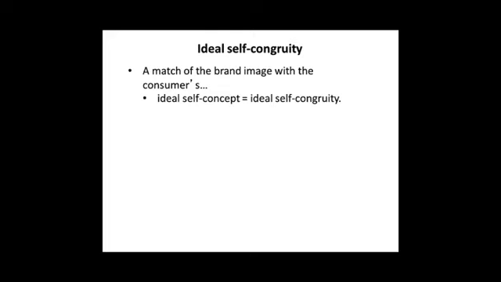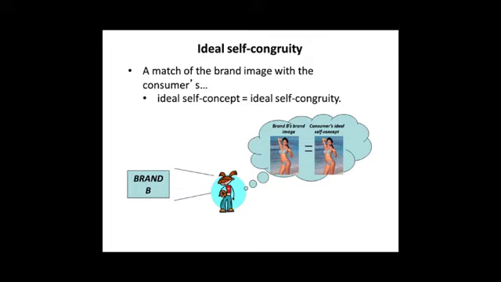If there's a match between the brand image and the consumer's ideal self-concept, so the kind of person that they want to be ideally, then we call this ideal self-congruity. Well, let's say that this is her actual self-image, her actual self, I'm just a preteen, kind of a tomboy, but I wish I looked like the Sports Illustrated model. That's the image associated with, let's say, a certain brand of clothing.